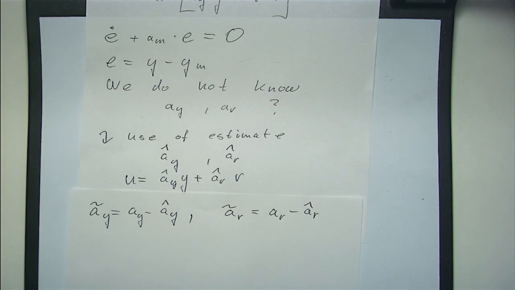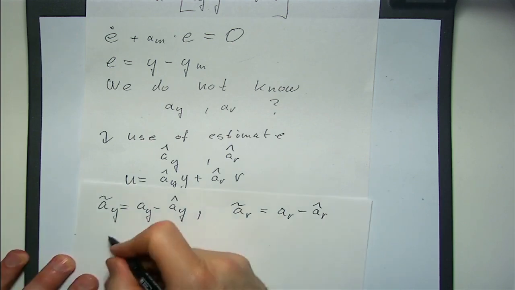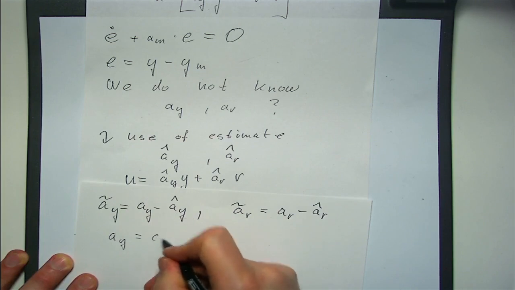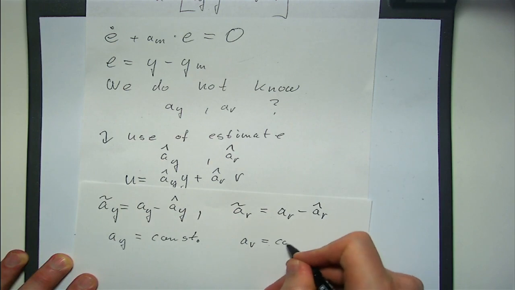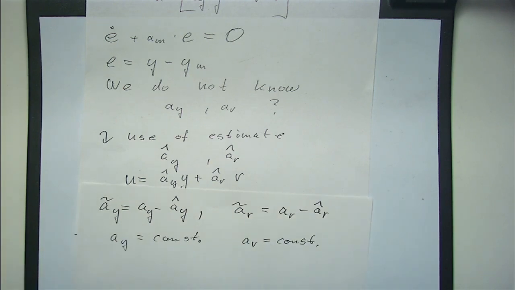What is also quite important is that we always assume that our parameters, in this case AY, is a constant as well, and AR is a constant, right? So we are not changing parameters here really. It's just that we don't know them. In my simulation you will see I'm a bit naughty, I'm pretty aggressive, but we are assuming AY and AR constant. And that makes our life a bit easier in terms of that analysis right now.